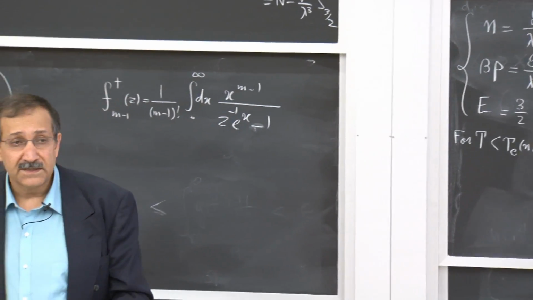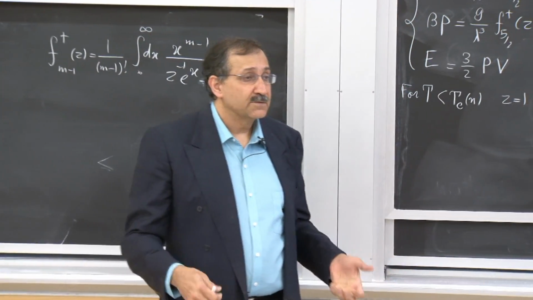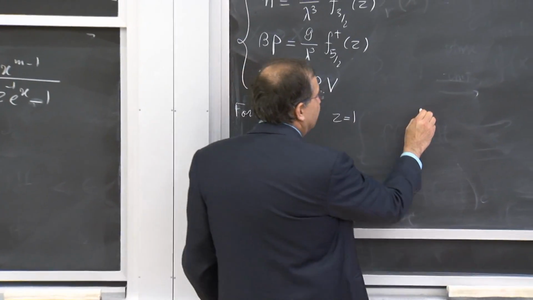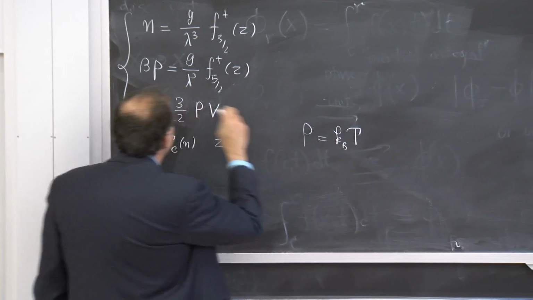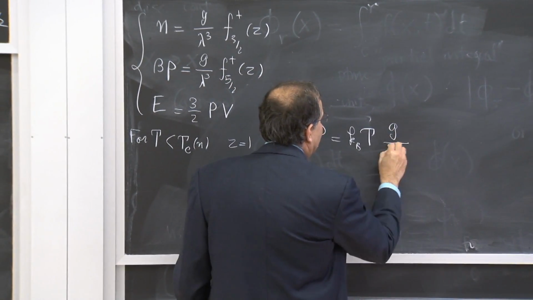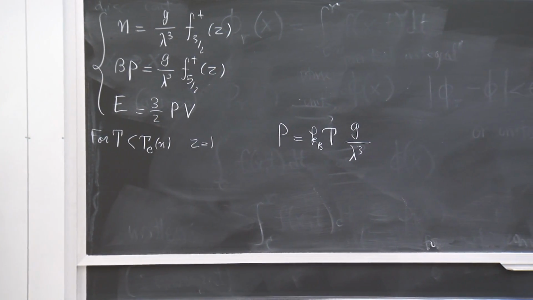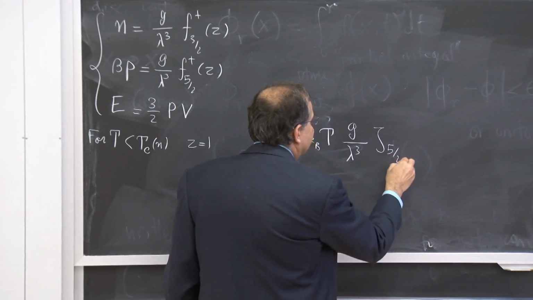But the component that is at k equals 0 is not moving around, is not giving you any contribution to the pressure. So what do we have? We have P is kT, taking the beta to the other side. I have g over lambda cubed, and then this F plus evaluated at z equals 1, which is this zeta function of 5/2.